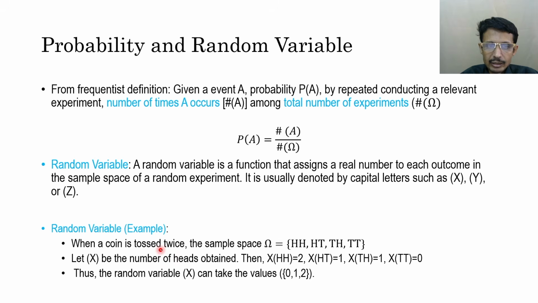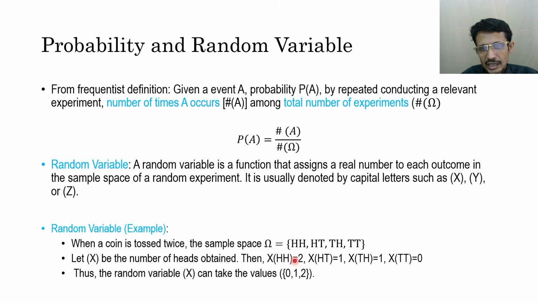For example, when a coin is tossed twice, the sample space is both heads, head then tail, tail then head, and both tails.